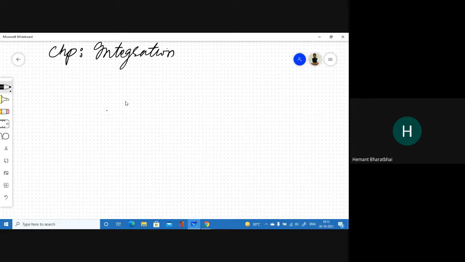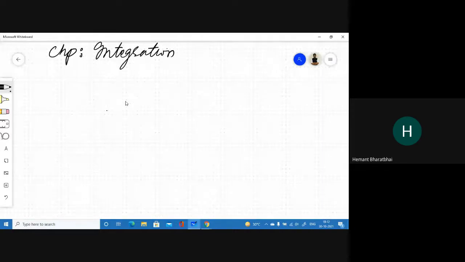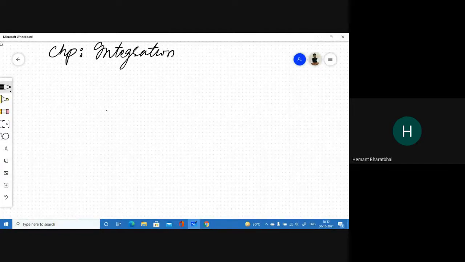So we are going to start with the new chapter of integration. We have already completed derivatives, so I don't want you to learn more formulae. A lot of formulas can be done on the basis of derivatives only, so I'll start from there.